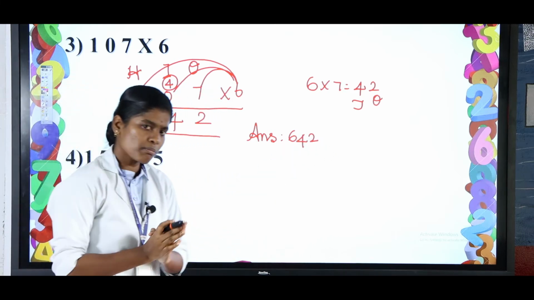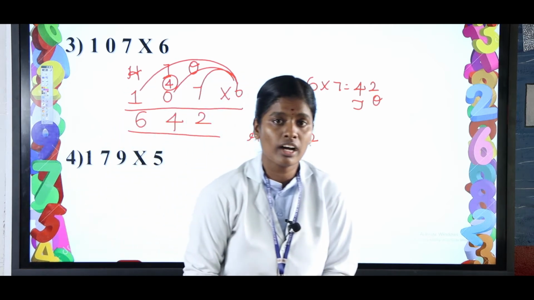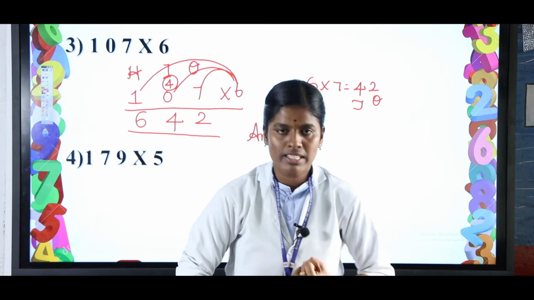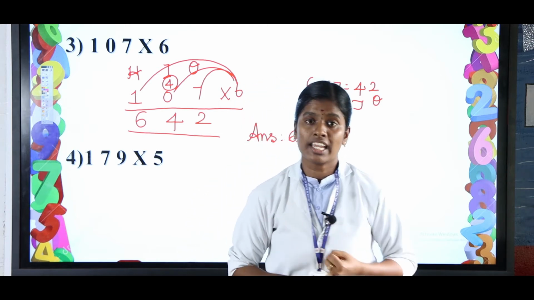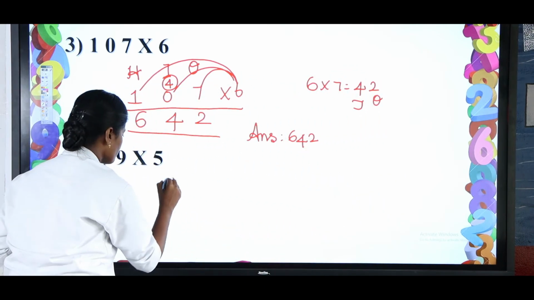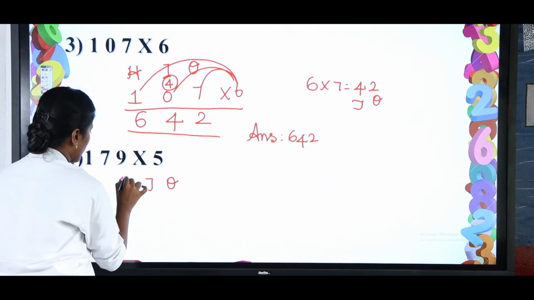Next you will take another example. This is the final example. Listen my children. Already you know the 5 table. First you are going to write the place values: ones, tens, hundreds.